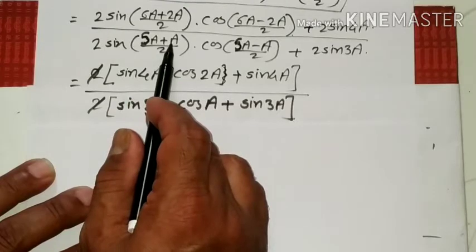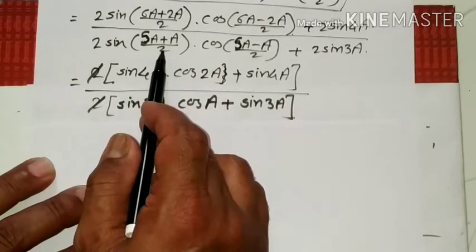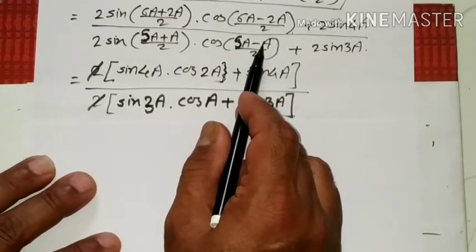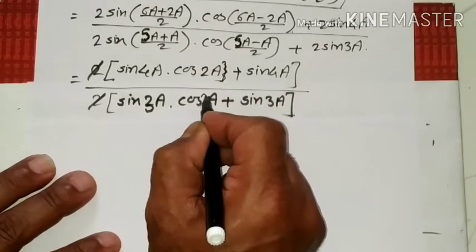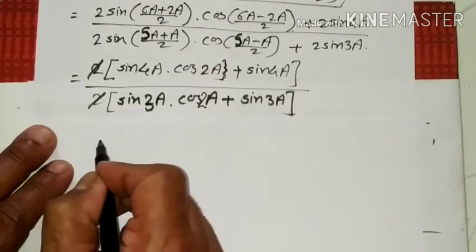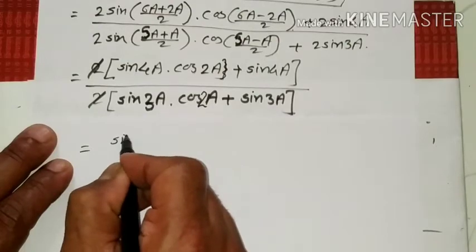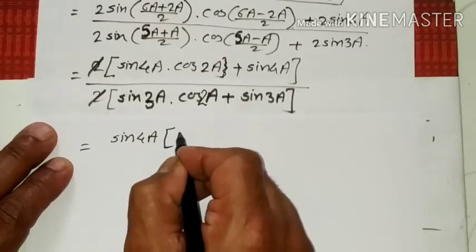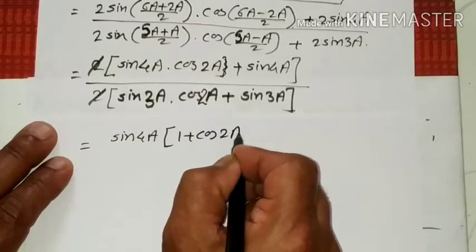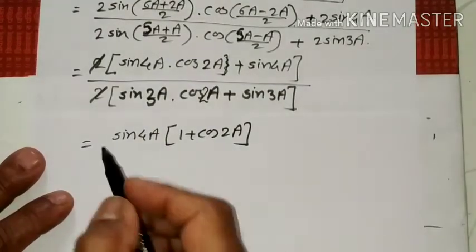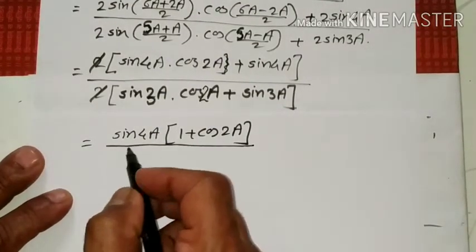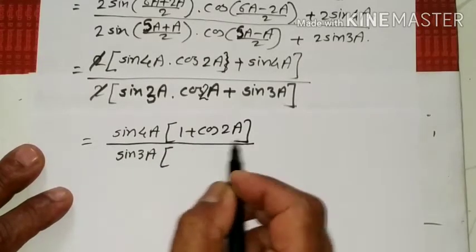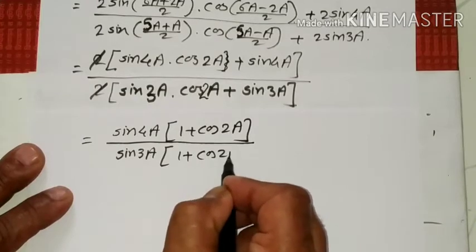Then sin 4a common outside into bracket 1 plus cos 2a, divided by sin 3a common outside into bracket 1 plus cos 2a.